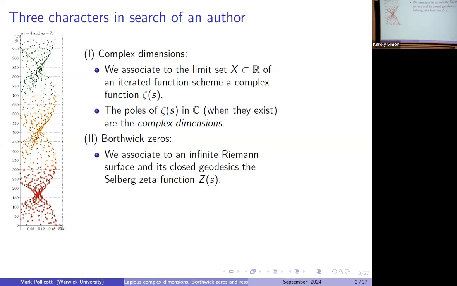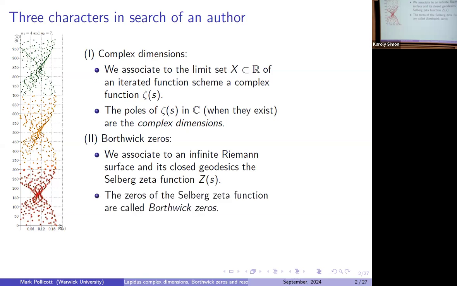So Borthwick zeros are slightly different. They're not associated with Cantor sets or fractal sets. They're associated to smooth surfaces, actually of constant curvature -1. And in that case, you associate another zeta function, which has been knocking around since 1956. And this zeta function also has, well, it hasn't got poles, it's only got zeros.